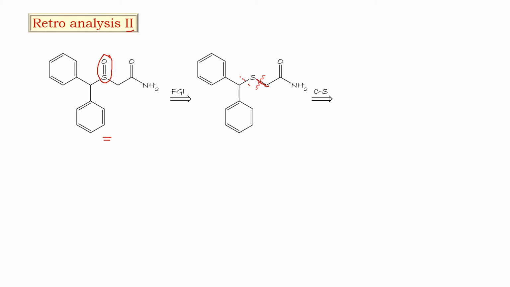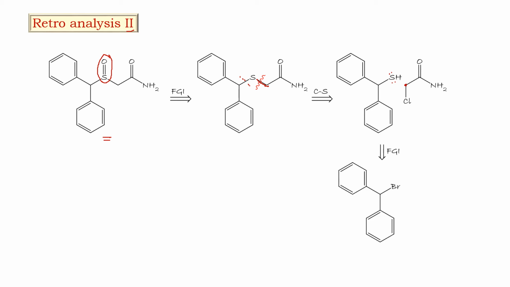So we'll get the nucleophile on this species and the electrophilic center on the acetamide. We get this thiol from the bromide, and the bromide we can get from the alcohol, and the alcohol we can get from benzophenone, etc.